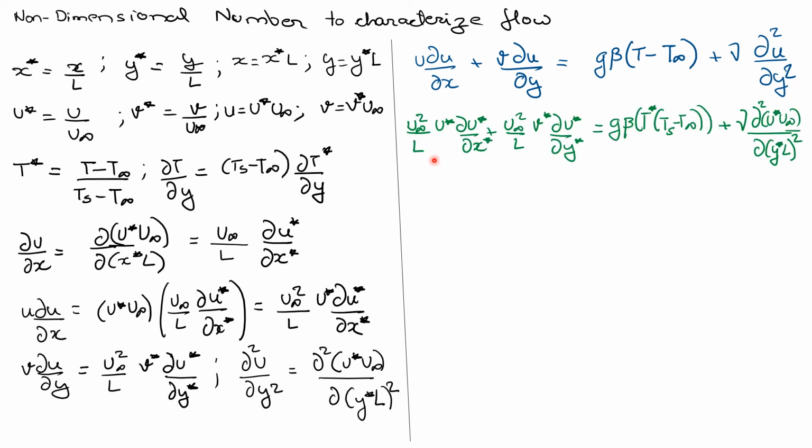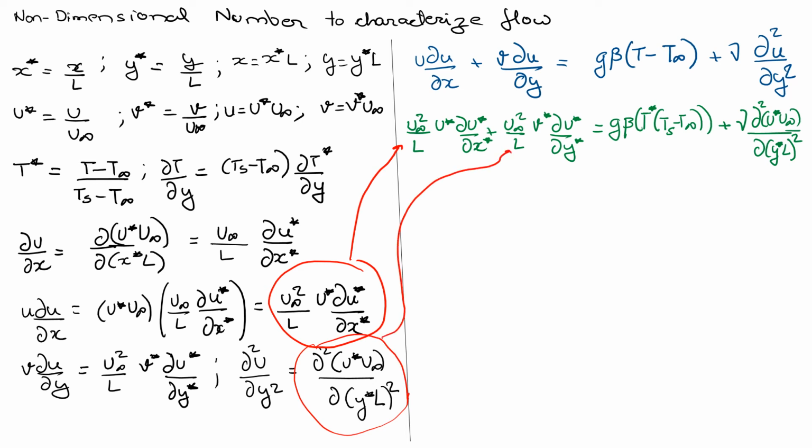So on substituting, our first term here is this term here. Similarly for the second term, it's this term right here. I just substituted the definition of T minus T infinity. So our T minus T infinity is nothing but T star times Ts minus T infinity, and our last term, which is the viscous term, is what we calculate.